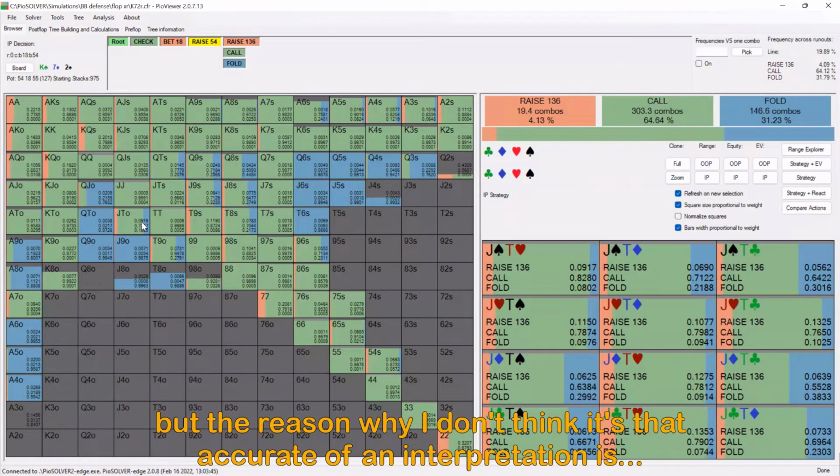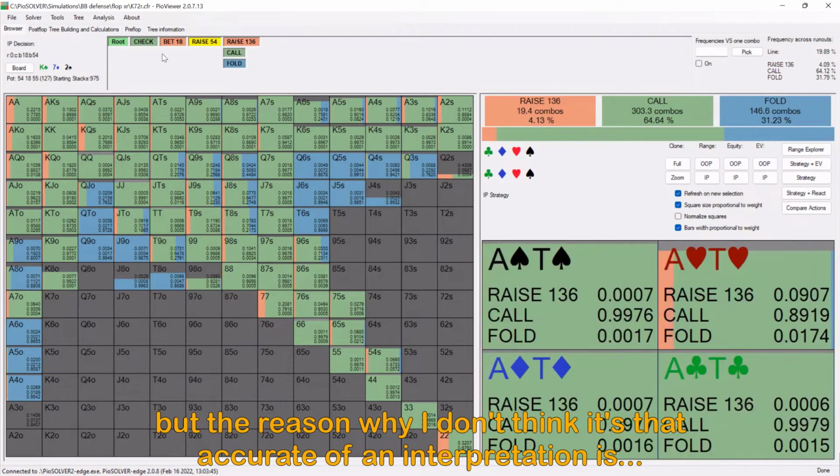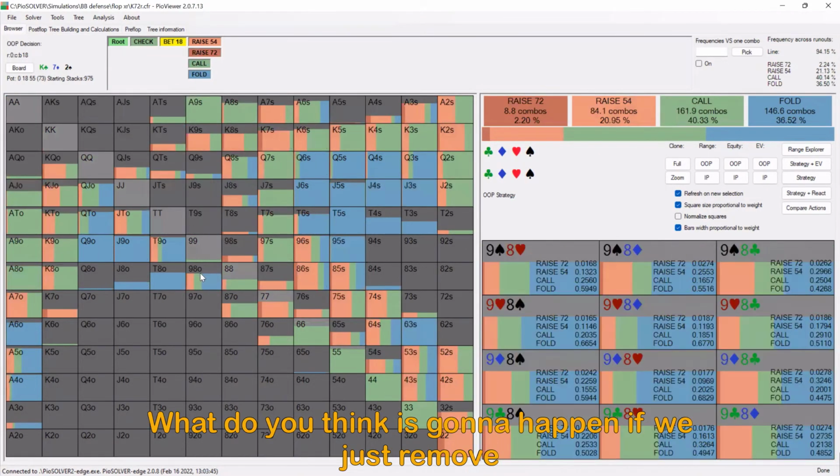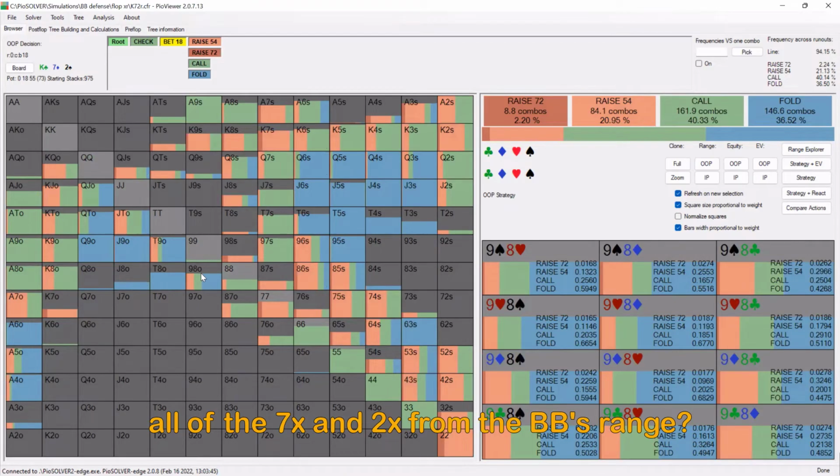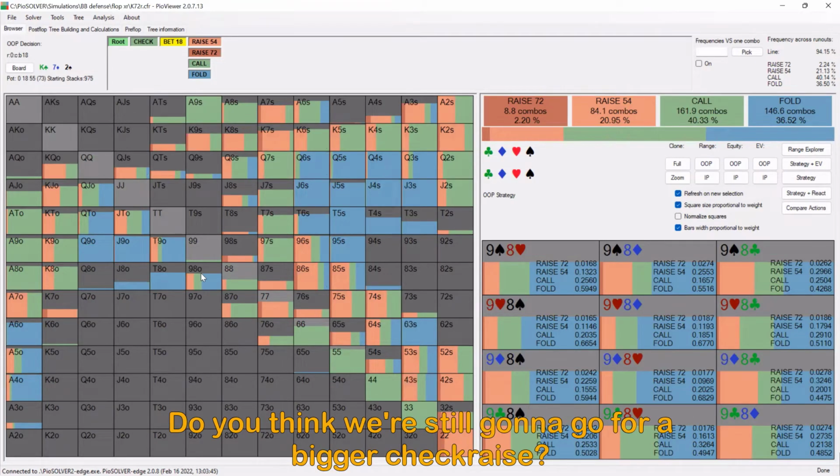But the reason why I don't think that's an accurate interpretation is, what do you think is going to happen if we just remove all of the 7x and deuce x from the big blind's range? Do you think we're still going to go for a small check raise?